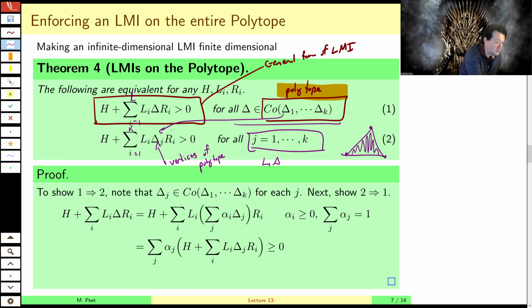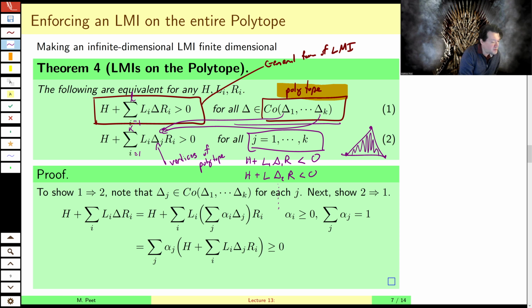We know what the vertices of the polytope are. Delta 1. So let's just make one constraint. If we had a constraint like this, we would add an LMI constraint like that, and then we'd add to it another LMI constraint, delta 2, less than 0. And if we had more vertices, we would just keep going and add more LMI constraints to our YALMIP code or what have you.